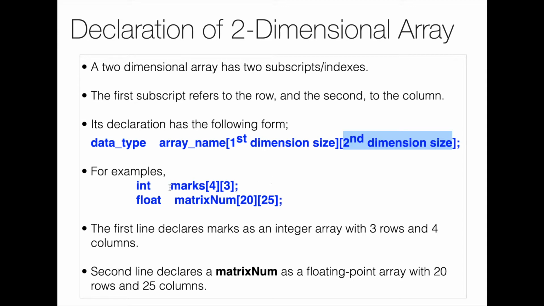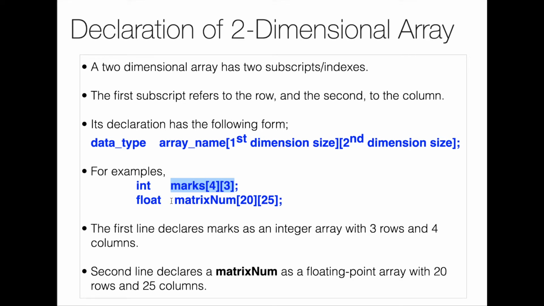Once you specify those two dimension sizes, you can successfully declare a two-dimensional array. Here is an example declaration. The first one is marks. It's a two-dimensional array which can store 4 rows and 3 columns. So altogether you will have 12 different locations to store 12 different marks.